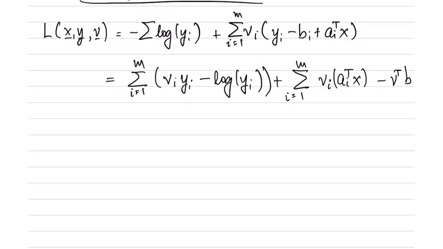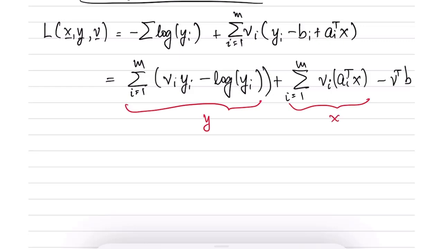The purpose of putting these terms differently is to group them according to their dependence on the primal variables. In particular, observe that this part depends on y, this part depends on x, and this part is a constant with respect to x and y. It depends on nu, but it is a constant with respect to the primal variables. This is often the case in the Lagrangian.